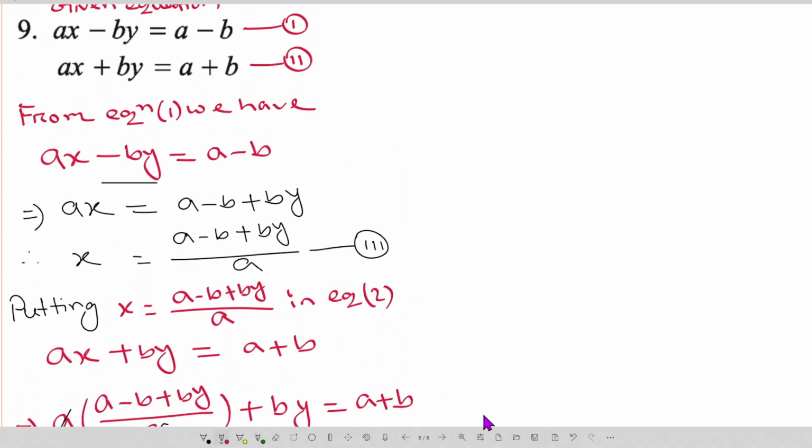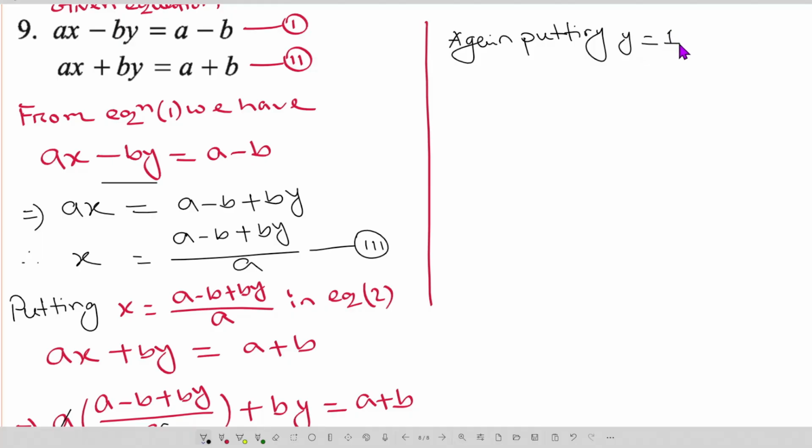Now in equation 3 we can put, so we can write again, putting y equals 1 in equation 3. So x equals (a minus b plus by) divided by a.